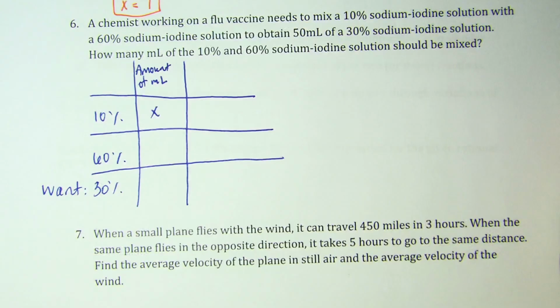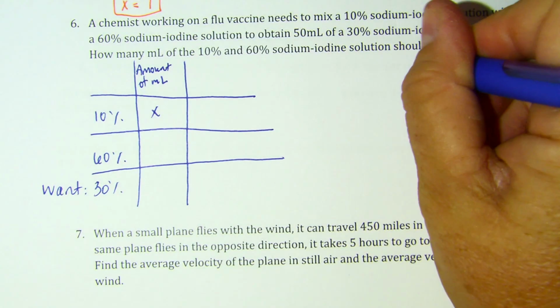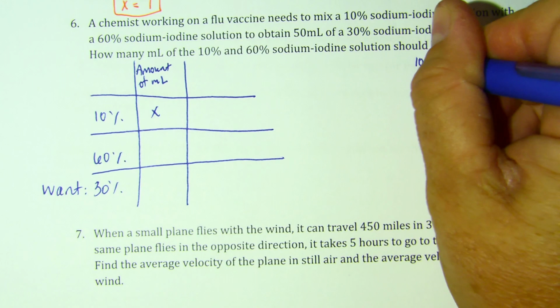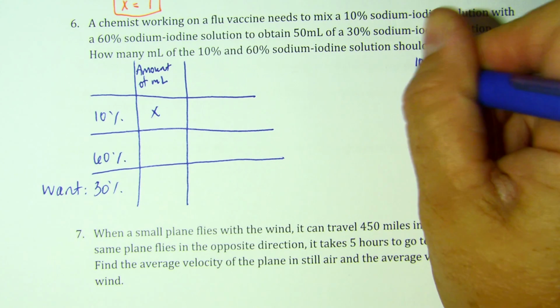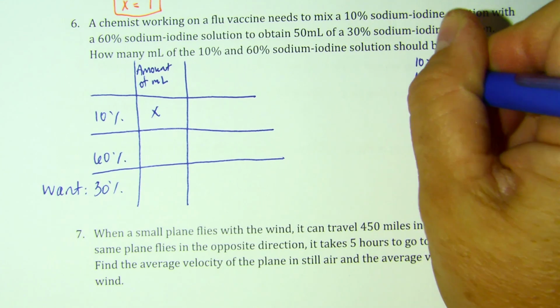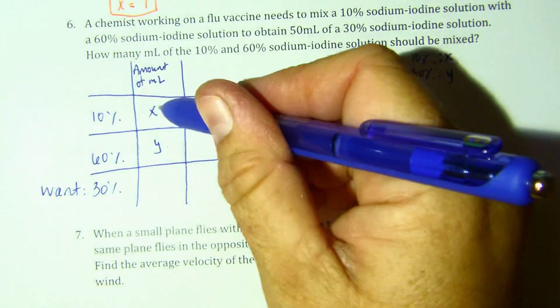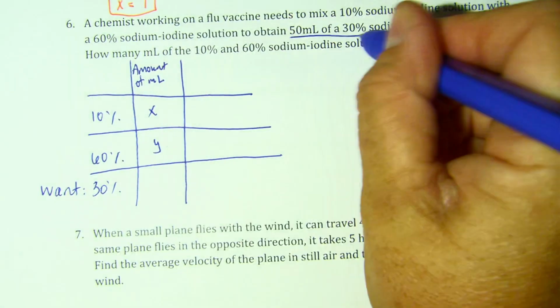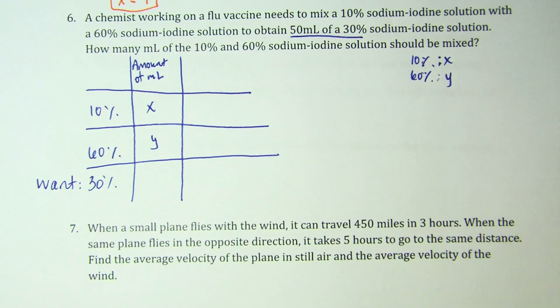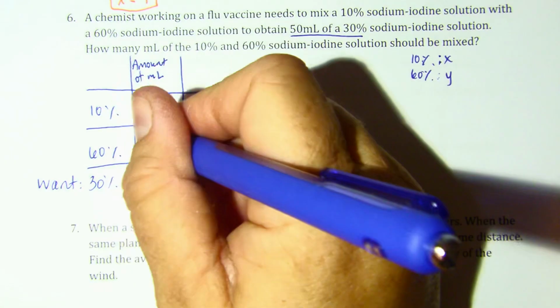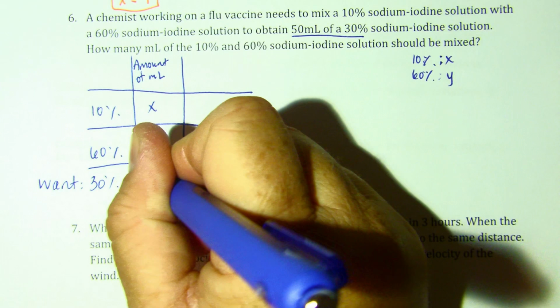They did not tell us how much of the 10%. So the 10% is going to be X, and then the 60% we'll label Y. But we know whatever we add together there, we want 50 milliliters of the 30% solution. So X plus Y is going to need to be 50.